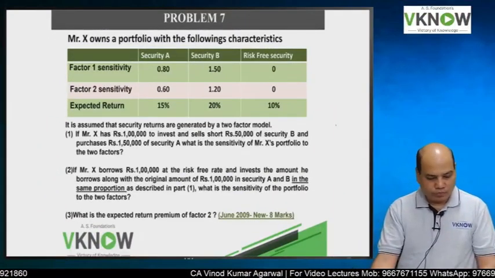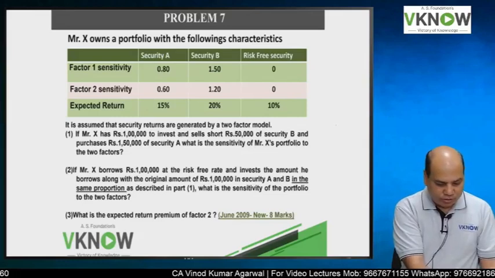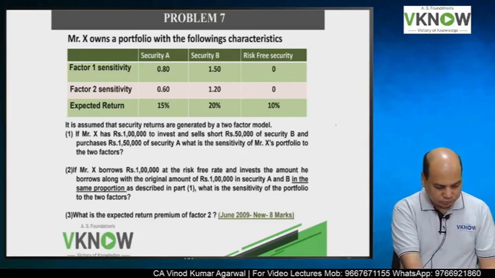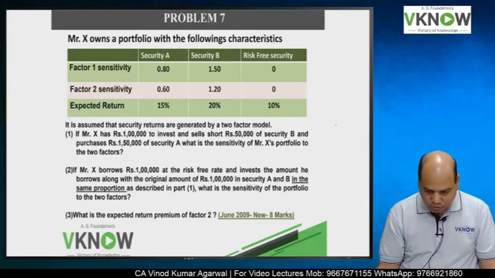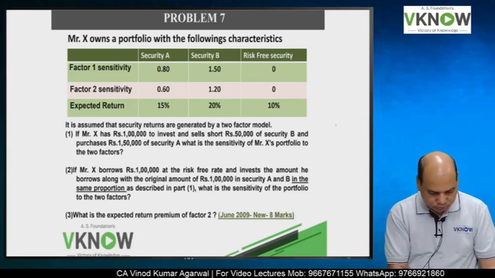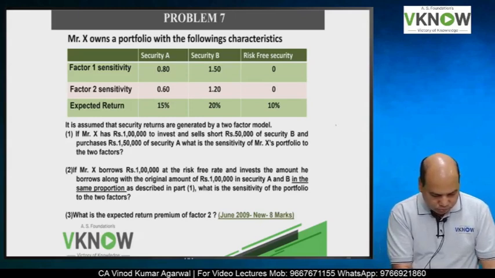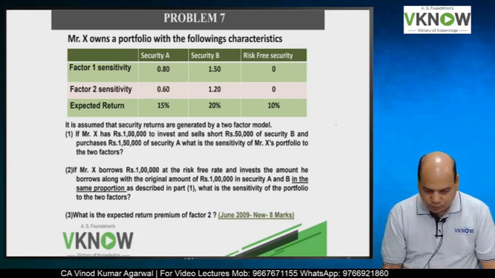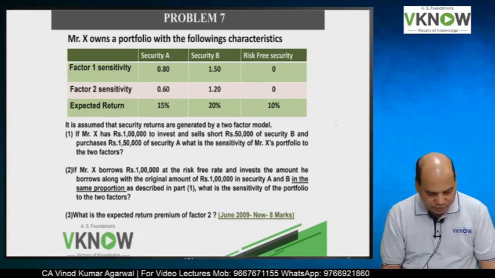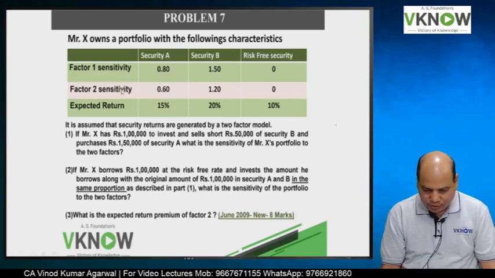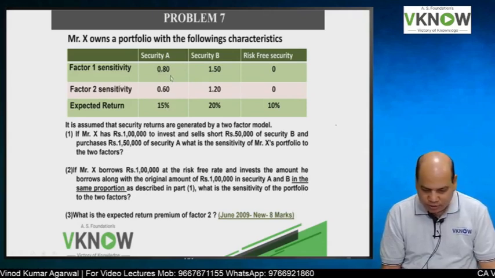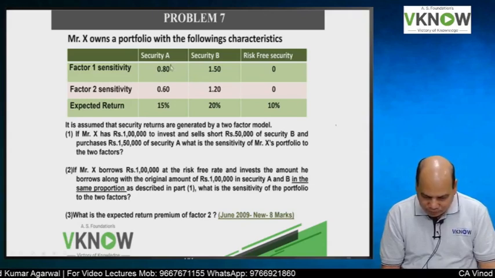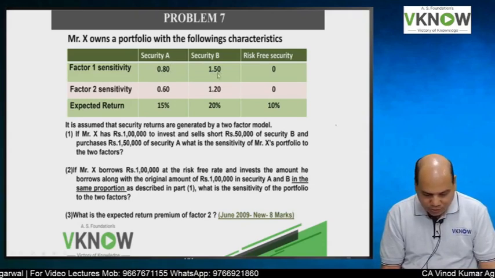Hello, good morning. Please come to question number 7 now. Mr. X owns a portfolio with the following characteristic. Factor 1 sensitivity, security A 0.80, that is beta for security A. Security B 1.50.